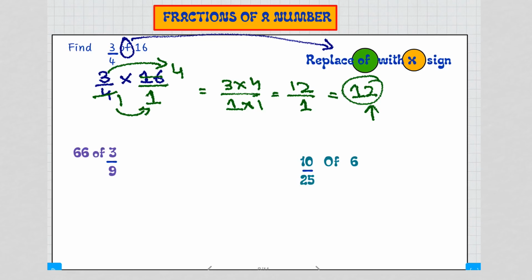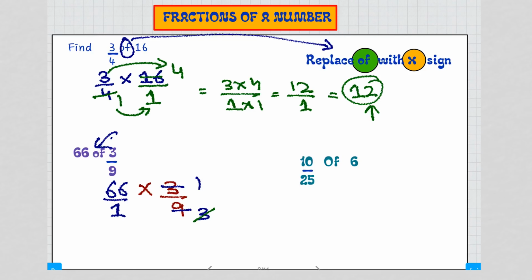Same for the next one, 66 of 3 over 9. The first thing you would do is you will replace this of with a multiplication sign, 3 over 9. You can write 1 underneath it, and then it will be just multiplication of two fractions. We now 3 times 1 is 3, 3 times 3 is 9, and then in the next step we can simplify it more.